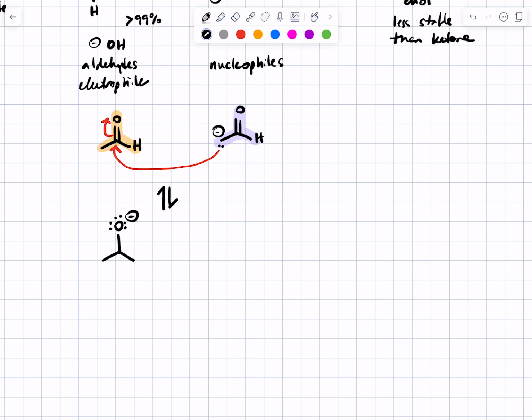Here's the negatively charged oxygen. Here's the new bond we just made. So in purple is the portion of our molecule that used to be the enolate, and in orange is the portion of our molecule that used to be the aldehyde, nucleophile and electrophile, respectively.